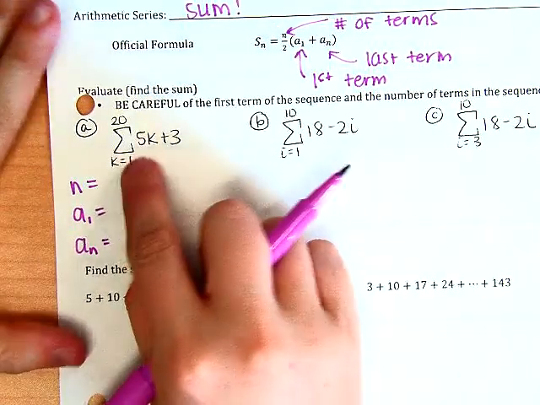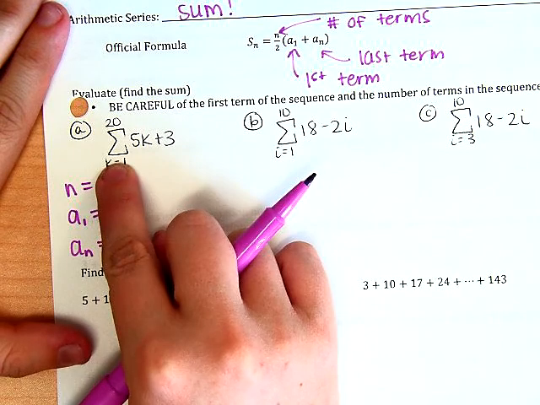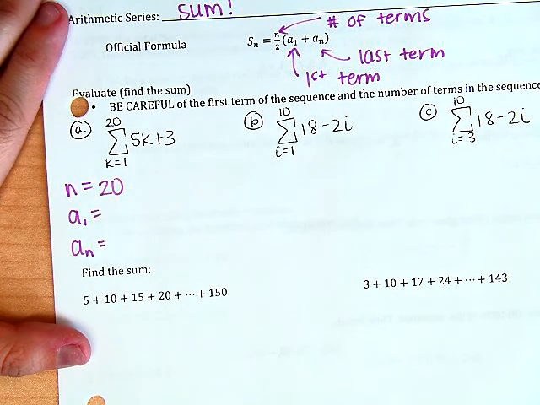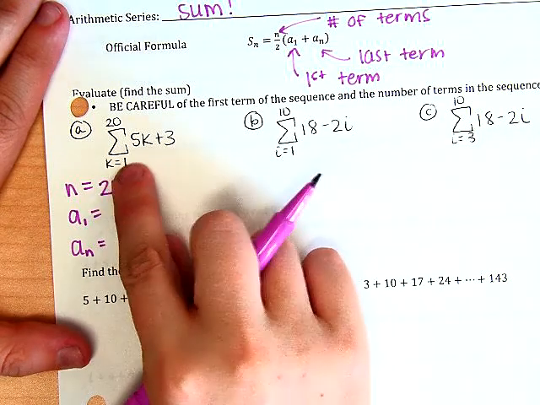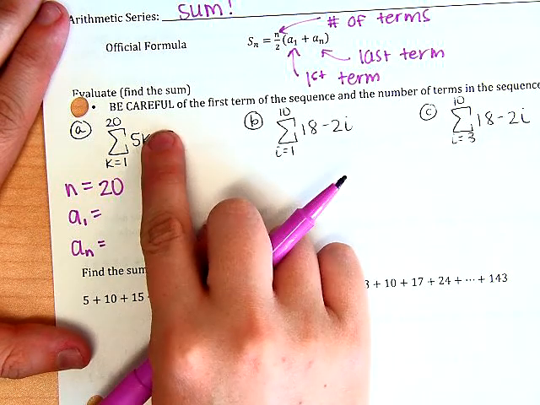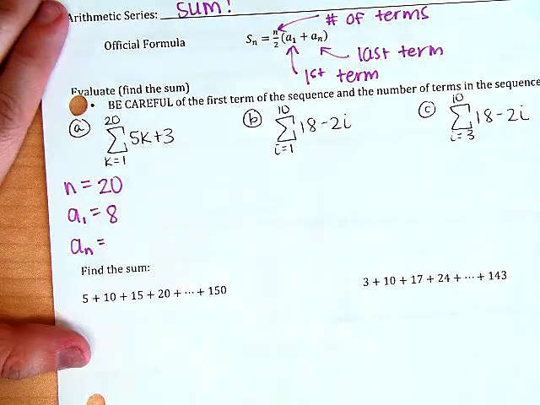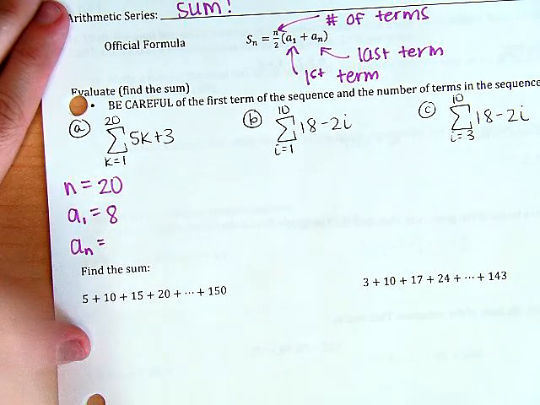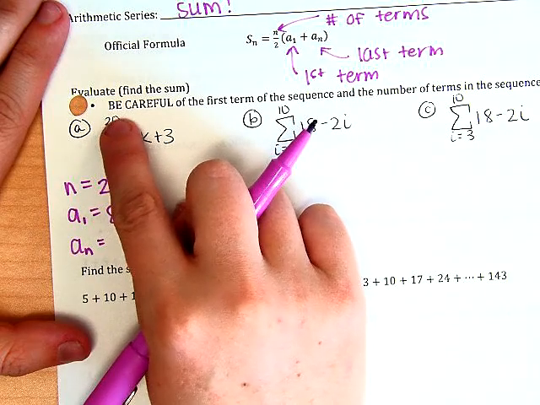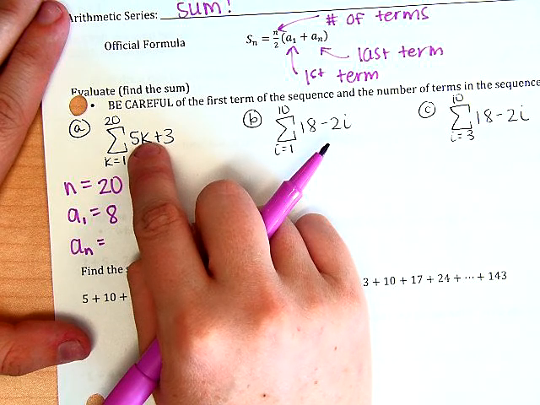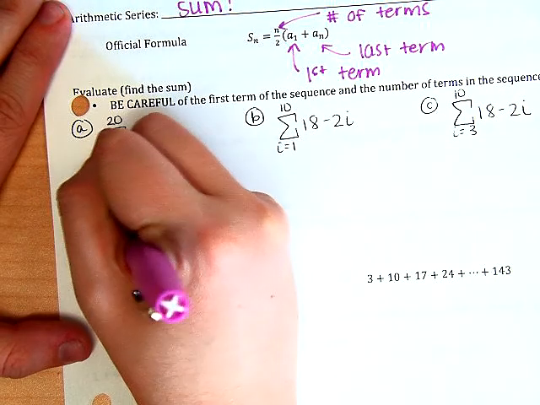My number of terms, if I'm going from 1 to 20, I'm adding up 20 terms. My first term starts at 1. So if I plug in 1 here, 5 plus 3, I get 8. My last term on top is 20. If I plug in 20, 5 times 20 is 100, plus 3 is 103.